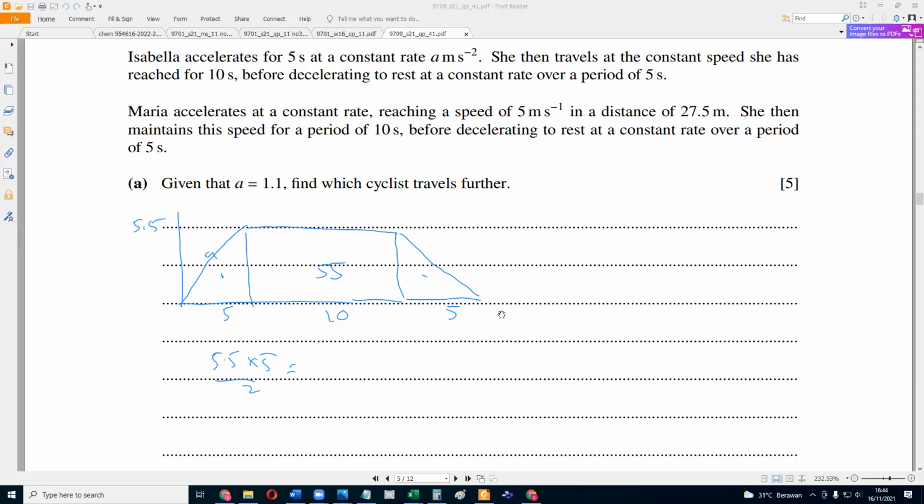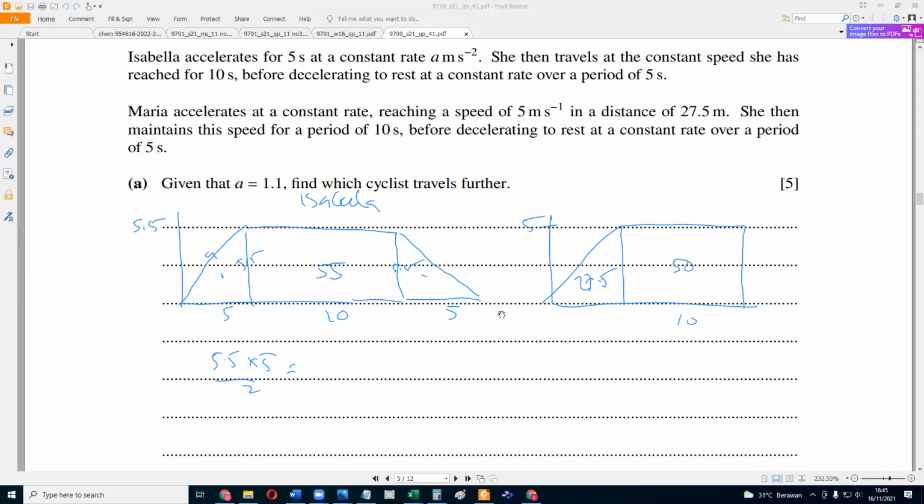For Maria, this is for Isabella. So it's going to be 5.5, 5.5. For Maria, we have the condition here, 27.5 meters already given. Then the speed is 5, constant for 10 seconds, means it is 50 meters.